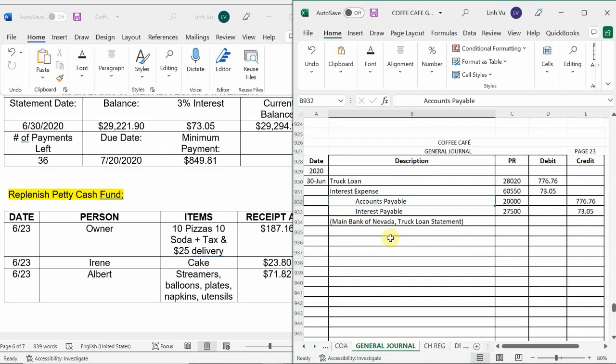Okay. So here we need to replenish the petty cash fund. How do we replenish the petty cash fund?